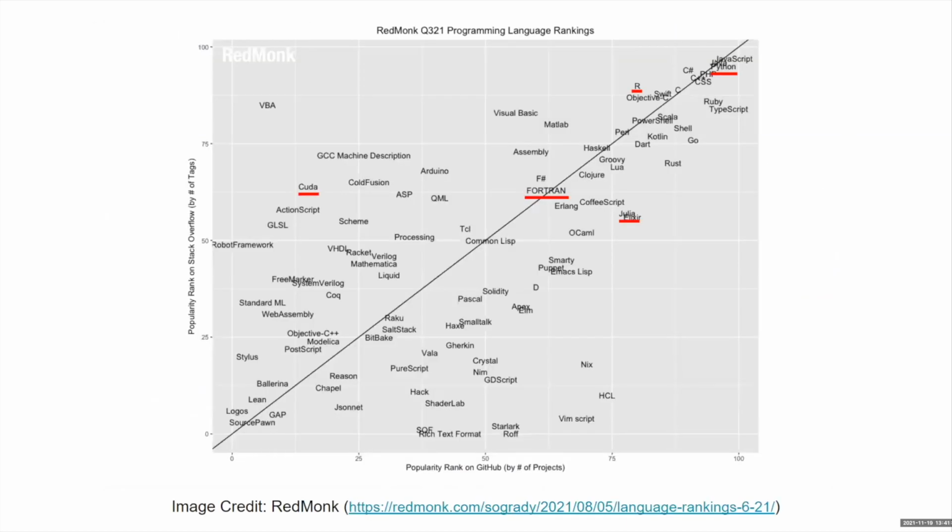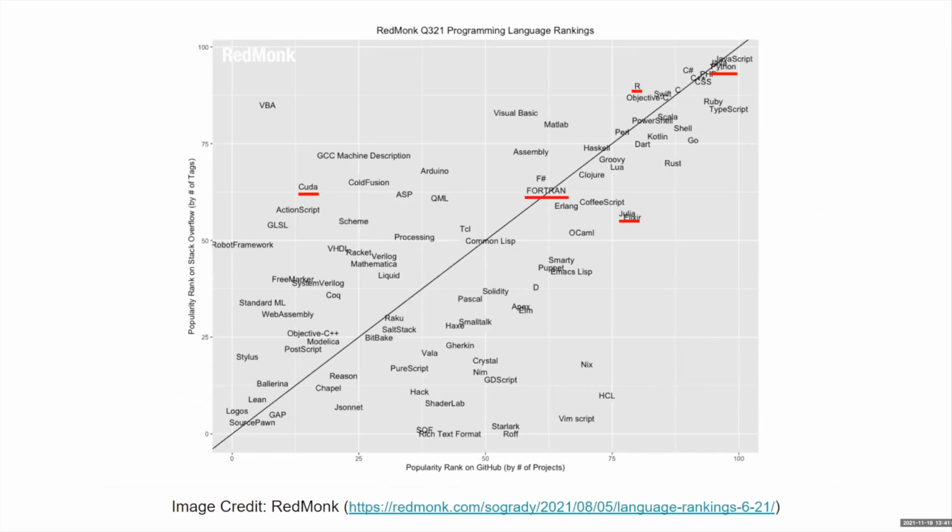So here is a pretty popular website, called RedMonk. If you visit Reddit a lot, and you visit all the IT forums and hacker forums, this slide, this picture shows up pretty often.